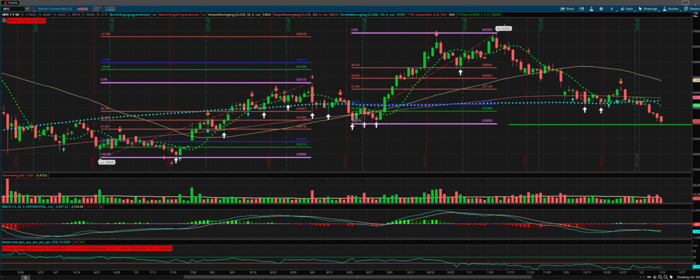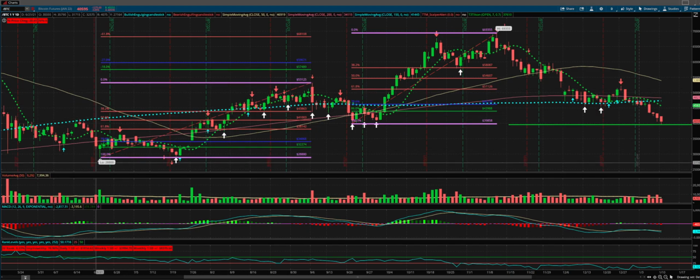So right now I got a BTC chart up and running. You'll see two Fibonacci's here on the screen. You'll see though from the low to this wave right here.